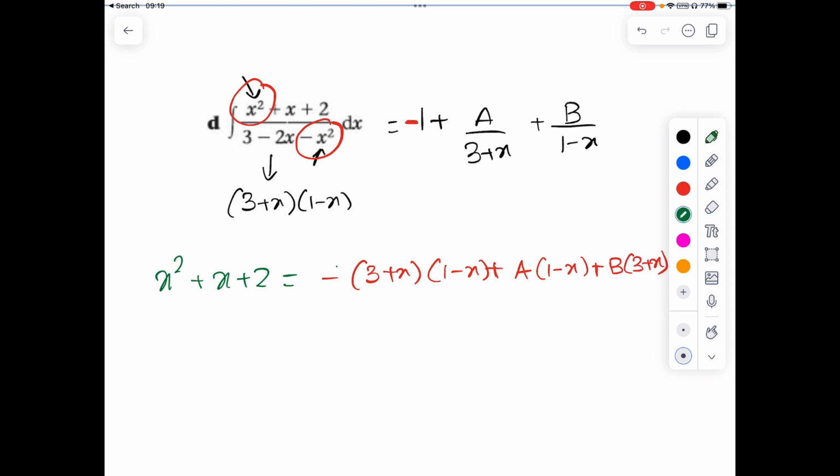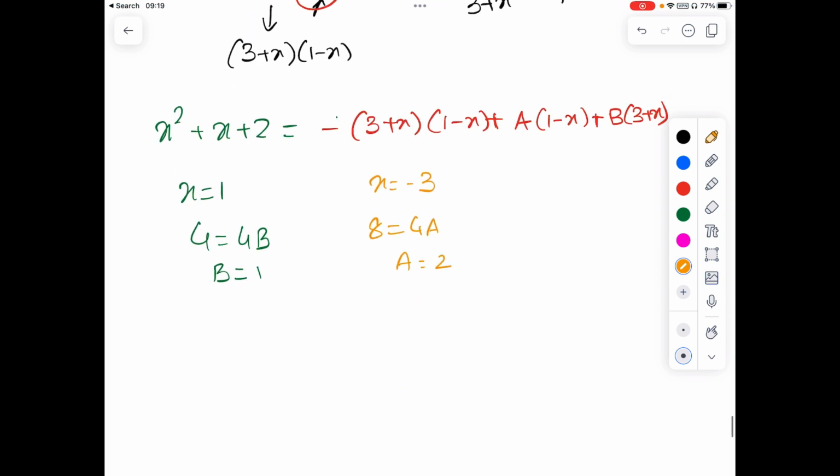Now plug in x equals 1. So 4 equals 4b, so b equals 1. Then x equals negative 3: 8 equals 4a, so a equals 2. So what will the integral look like? Negative 1 plus 2 upon (3 plus x) plus 1 upon (1 minus x) dx.